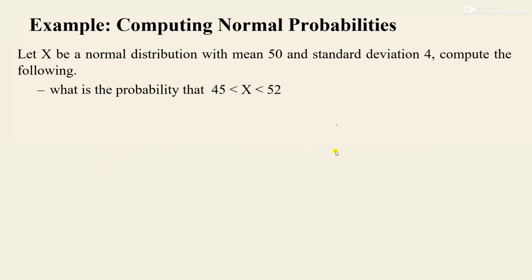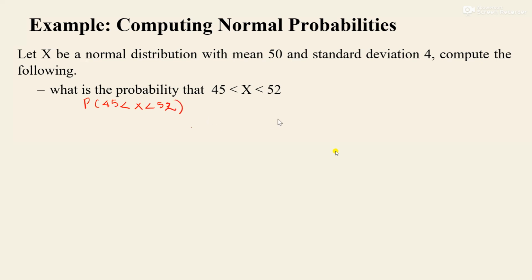Right. Next one, what is the probability that the x values are between 45 to 52? So your required probability is probability of 45 less than x less than 52. Right?